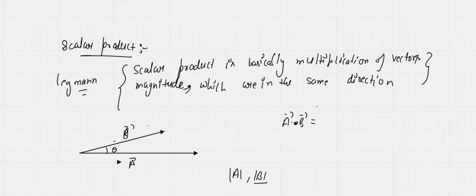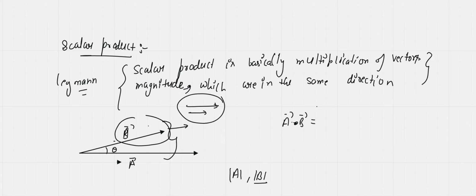I can only multiply the part of the vectors which is in the same direction. Both should align in the same direction. Understood? Yes, sir. Is it the case that both are in the same direction? No. This is going in this direction, this is going in this direction. The direction is different, right?